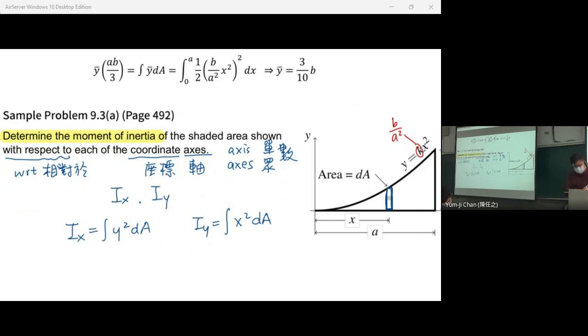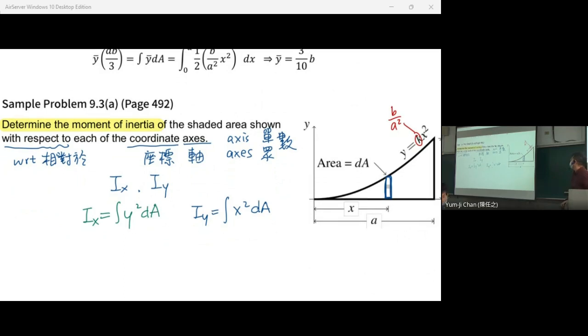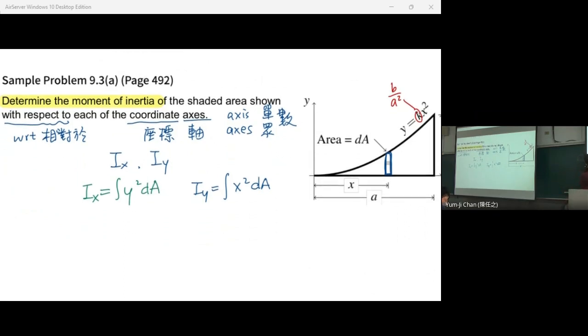For clarity, I use a different color instead. I think it is easier. I will use green for Ix and blue for Iy. So blue for Iy and green for Ix.